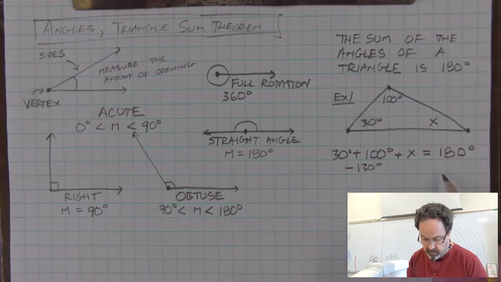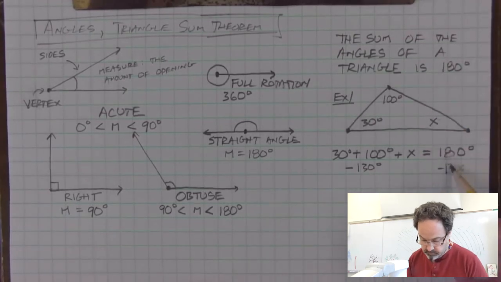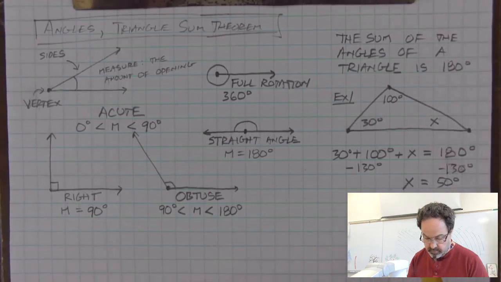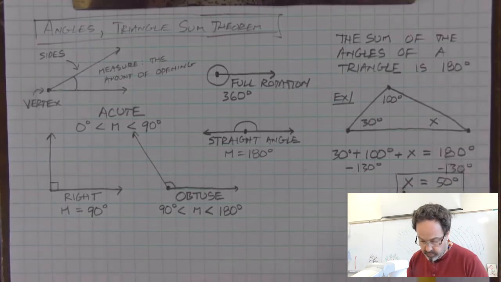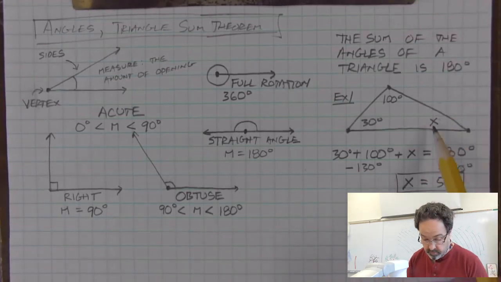What I do to one side, I must do to the other. When I subtract 130 degrees, it'll cancel out, leaving x by itself. And on the other side, 180 minus 130 is equal to 50 degrees. I was able to use the triangle sum theorem to find the measure of that third previously unknown angle.